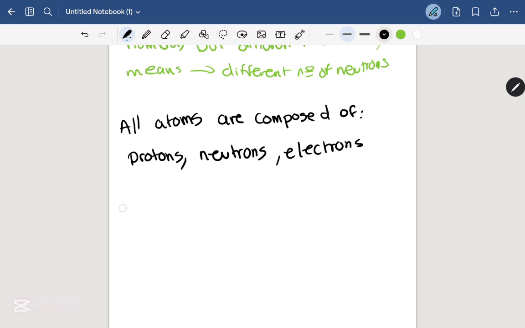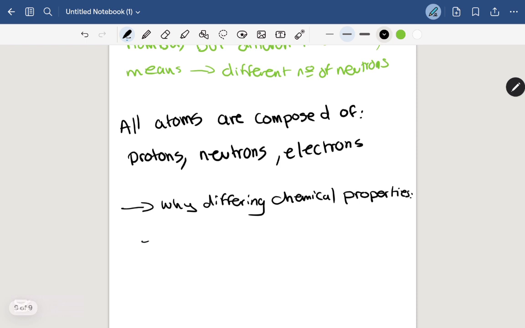Why do they have differing chemical properties? This is because of the number and arrangement of electrons.